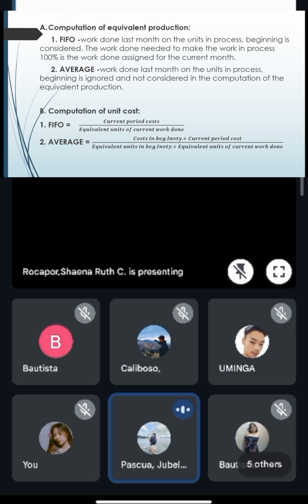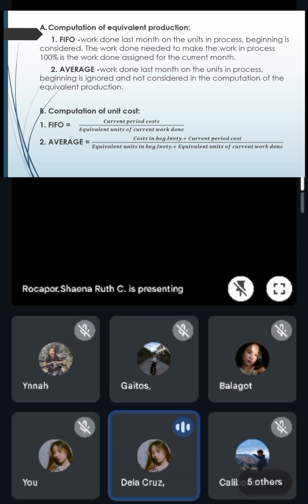Next reporter. I will discuss the computation of unit cost. Number 1, the formula of FIFO: current period cost over equivalent units of current work done. First, what is current period cost?